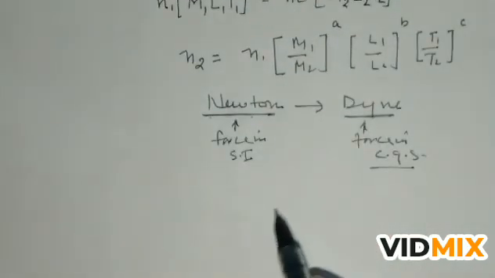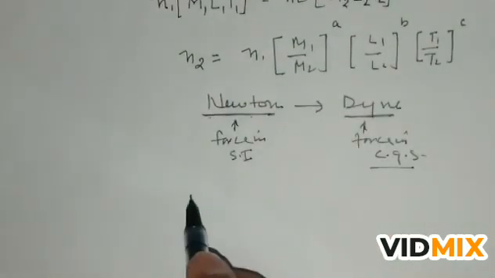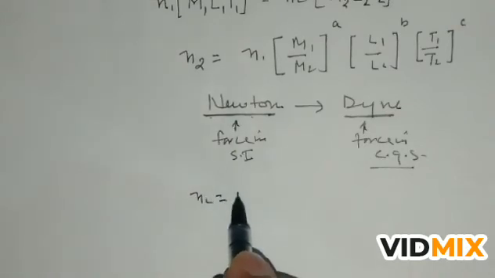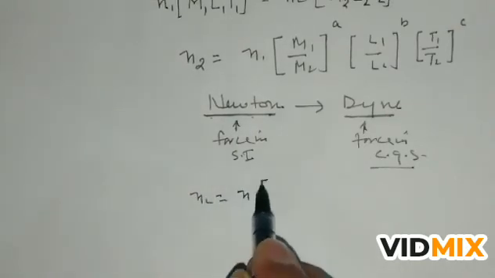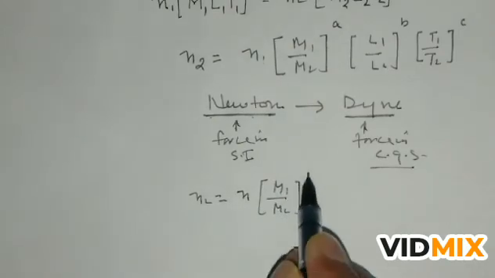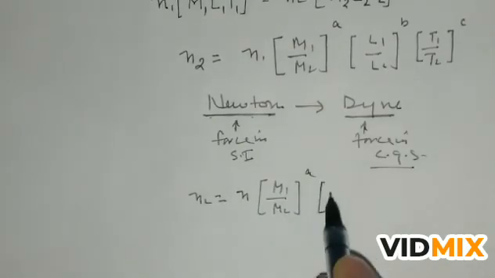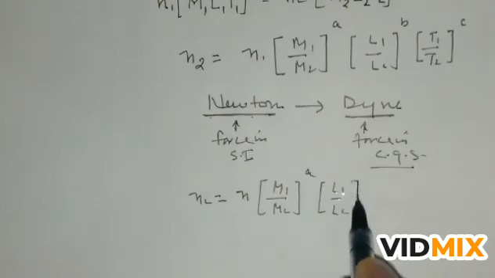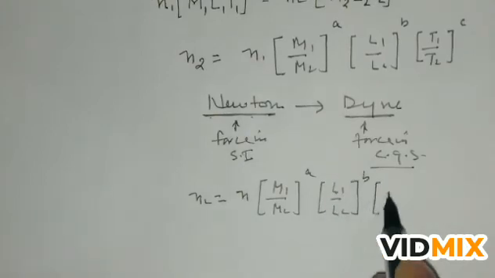Now n2 is equal to n1, m1 upon m2 to the power a, l1 upon l2 to the power b, and t1 upon t2 to the power c.